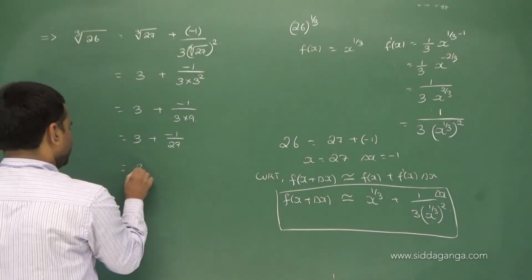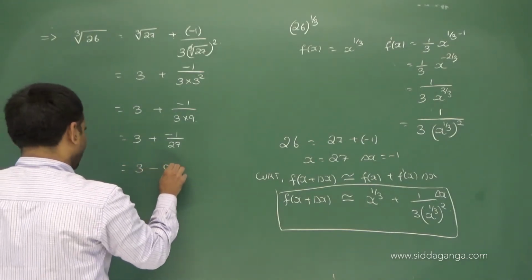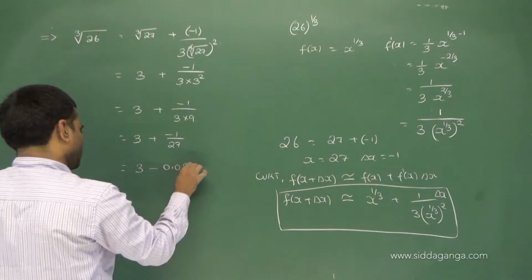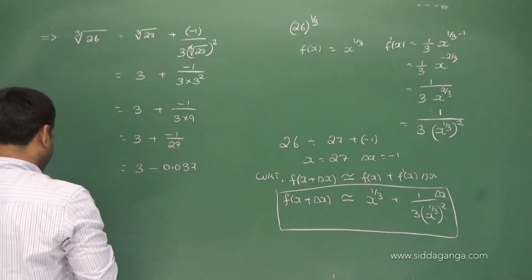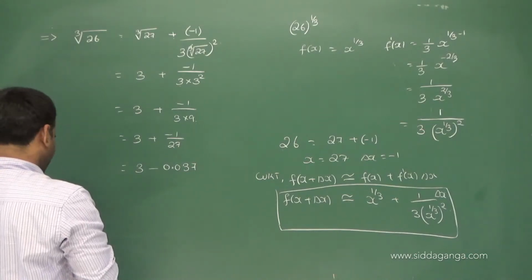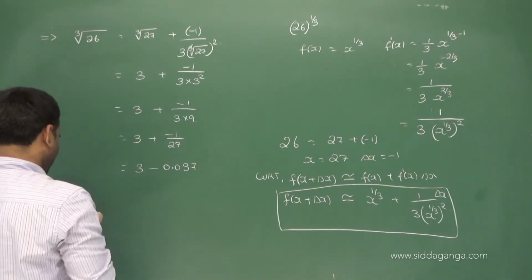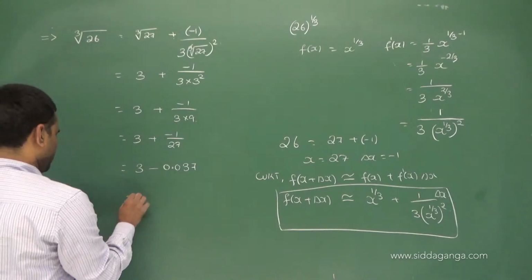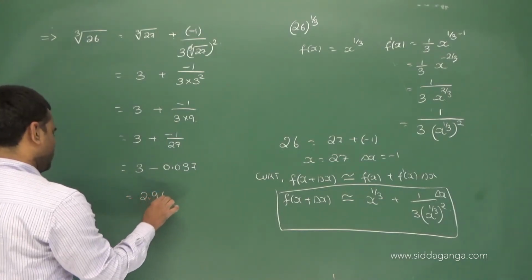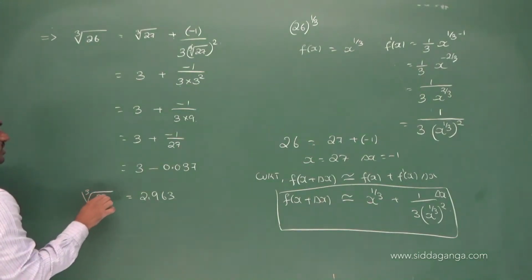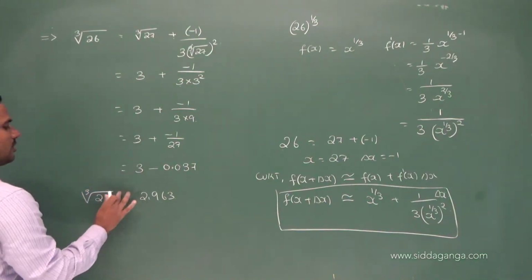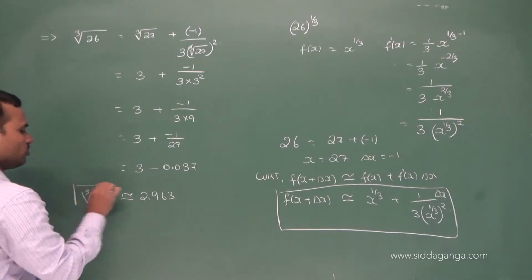1 divided by 27 is 0.037. So 3 minus 0.037 is 2.963. Cube root of 26 is not exactly equal, it is approximate. If you write equal, no problem.